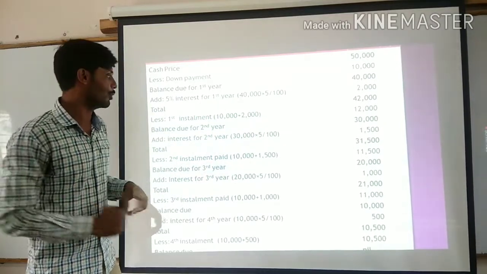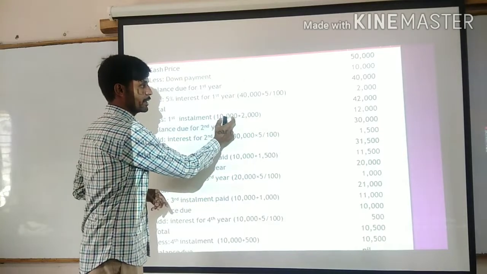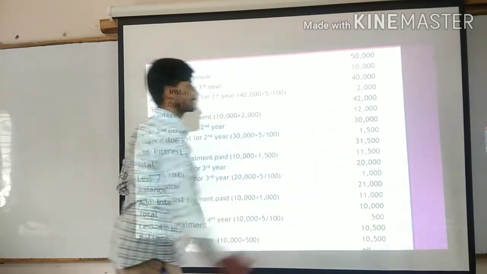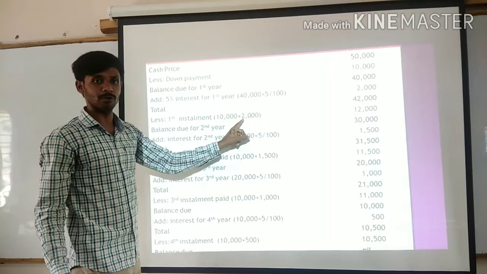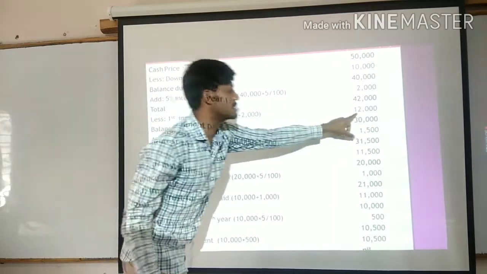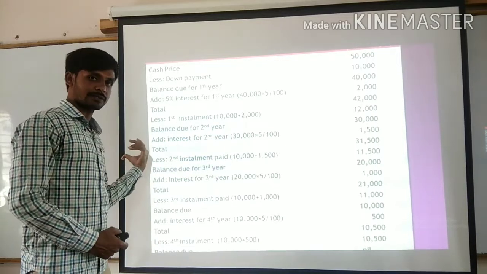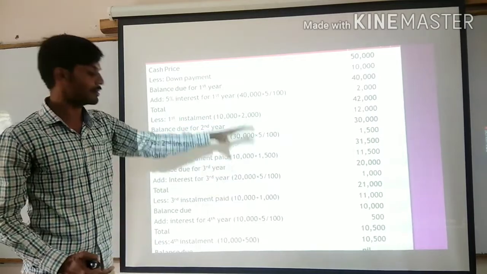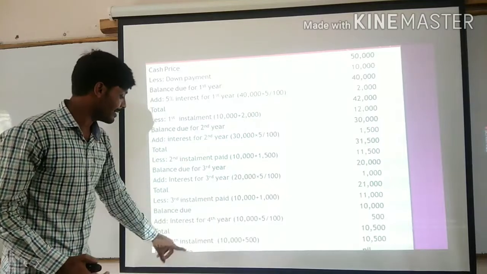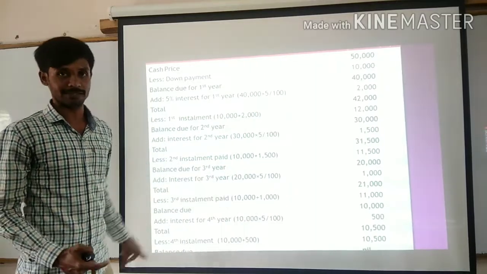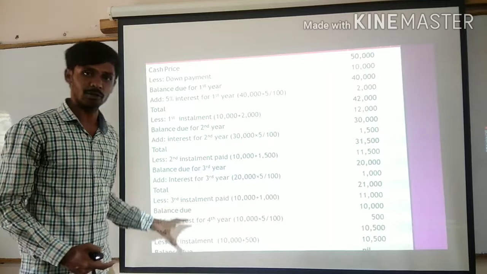So for this installment money, we just need to add the interest: 10,000 plus 2,000. So the total 20,000 we just need to deduct. That is the difference between when the installment includes interest and when the installment excludes interest. And here we will not get the balancing figure for the last year. That also you need to remember.